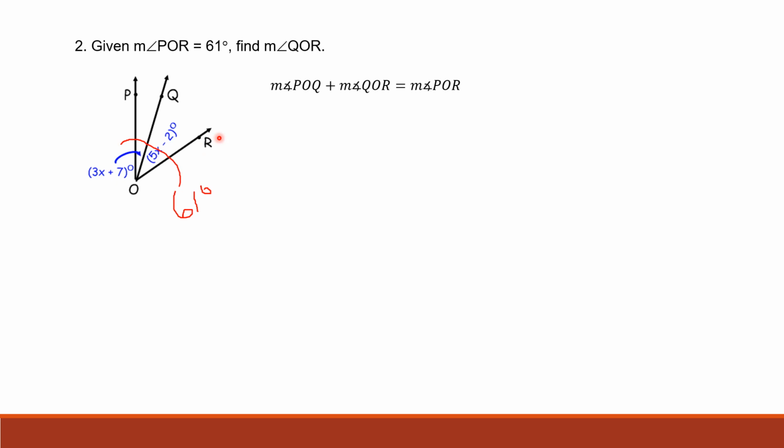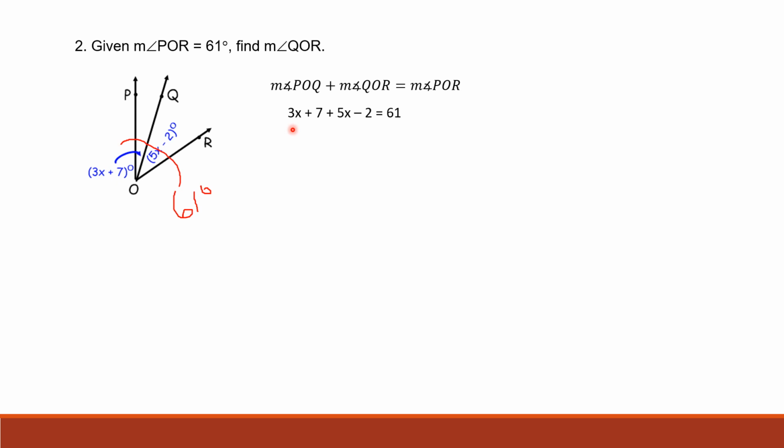So now we're going to substitute. So the measure of angle POQ is 3x plus 7, plus the measure of angle QOR is 5x minus 2, equals 61. Now I really would prefer that you pause the video at this point and go ahead and try it yourself to see if you can get the final answer and then come back.